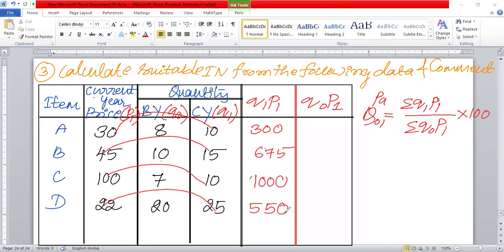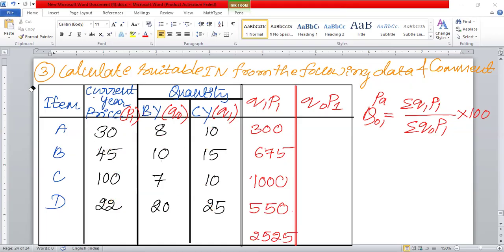So the total of that: 300 plus 675 plus 1000 plus 550. So 2525 is the total.